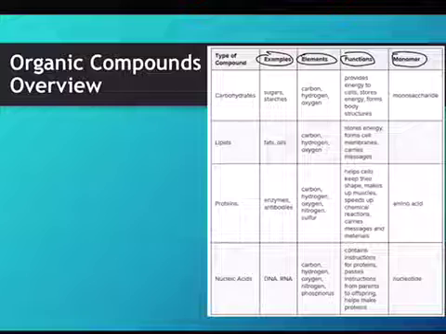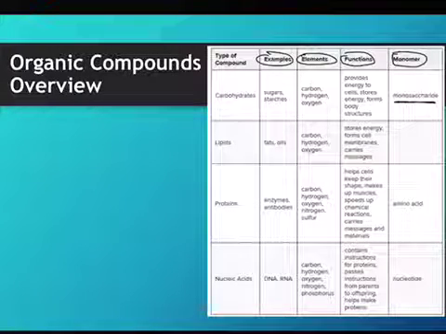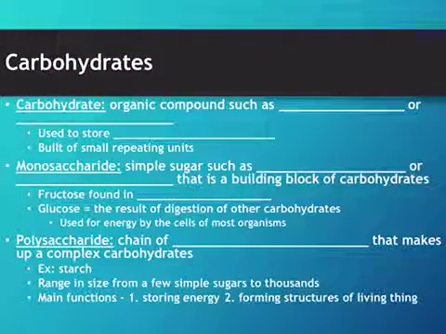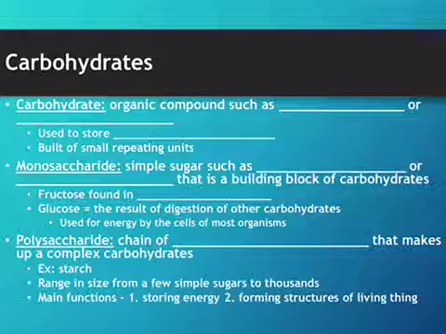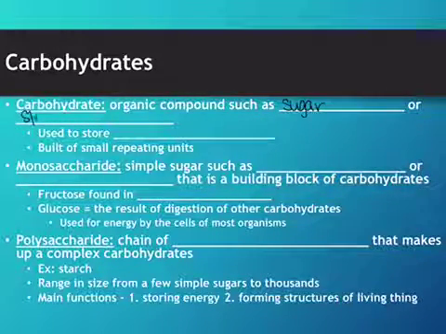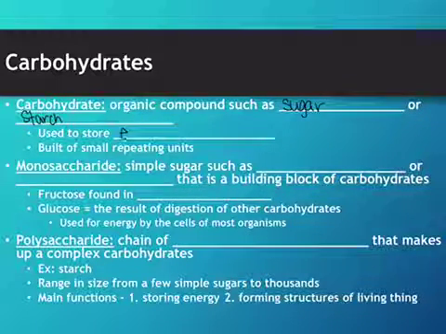So like for carbohydrates, monosaccharides join together to form big carbohydrates. So now we're going to take a look at each of these 4 types of organic molecules in a little bit more detail. So carbohydrates are organic compounds such as sugar or starch, and their function is used to store energy.